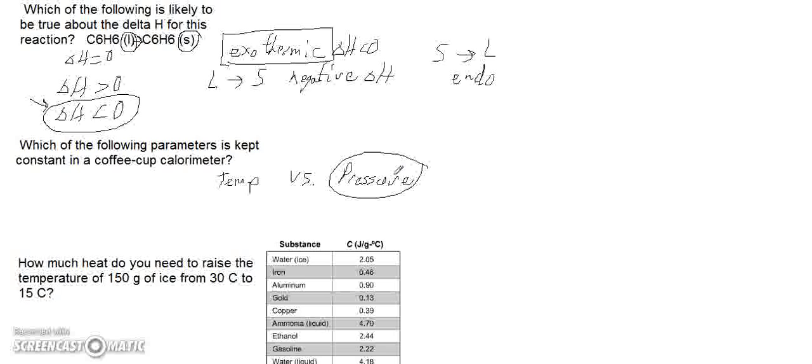So that temperature is definitely not held constant in a calorimeter. Pressure is what's supposed to be held constant in a calorimeter, not the temperature. And if it helps you to remember that, think about how we measure the temperature and how you saw that temperature changing. So it definitely is not temperature that is held constant in a calorimeter.